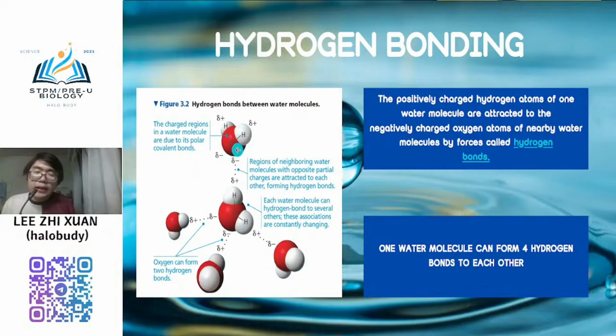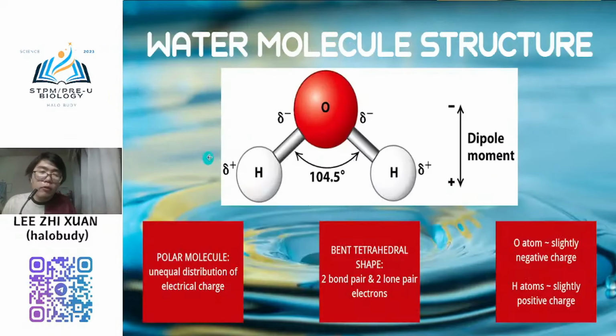When water molecules interact with each other, they will form a special bond that we call a hydrogen bond. This is the bond formed between the oxygen and hydrogen too, but the bond formation is between water molecules. You need to differentiate between covalent bond and hydrogen bond.